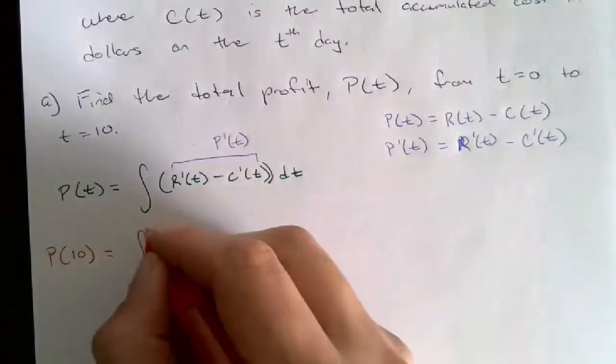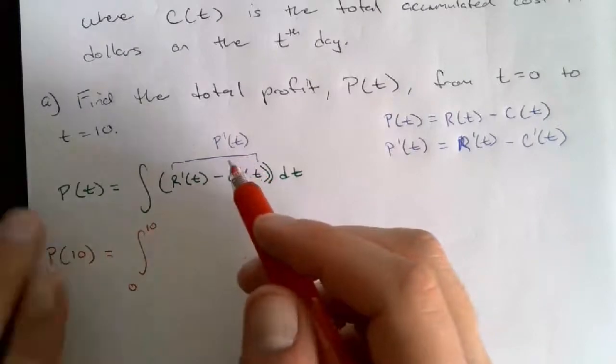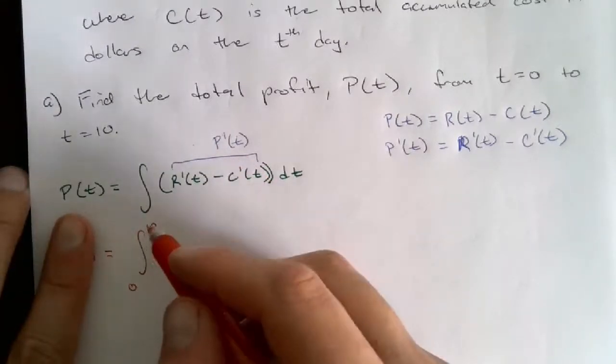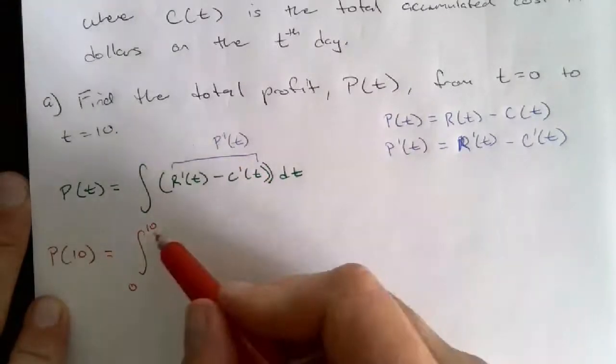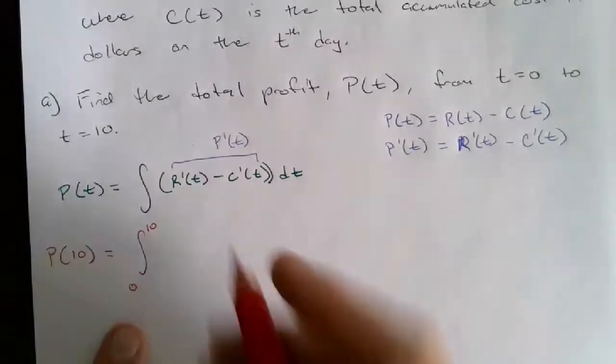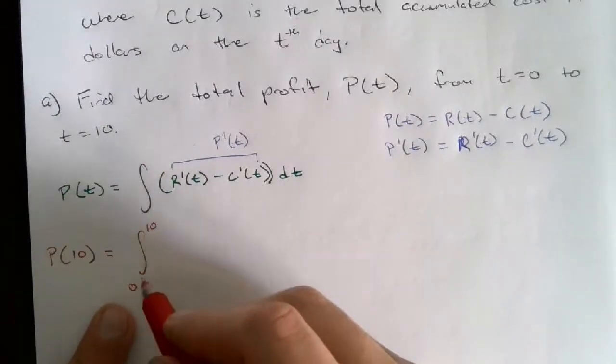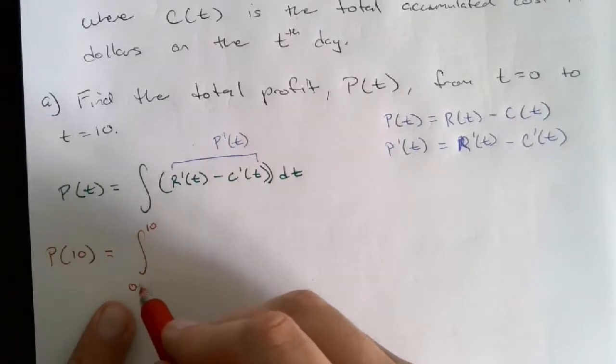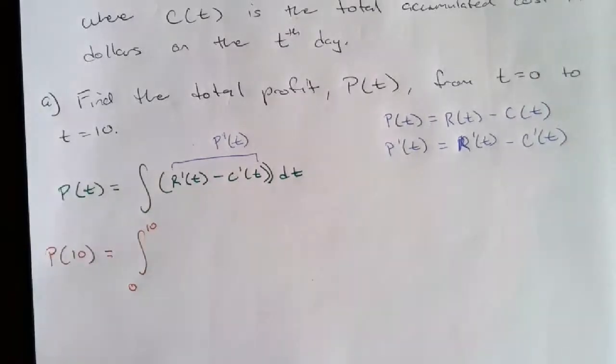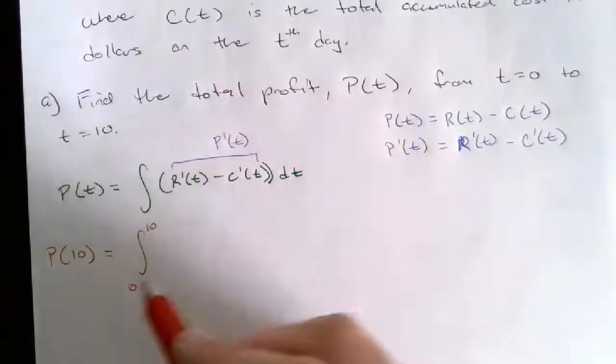That's what's really going on here. Even if I didn't write P of 10, the integral from 0 to 10 is the profit over the first 10 days. If this had a different lower limit, let's say from 5 to 10, it would be the total profit accumulated between day 5 and day 10. So they said from 0 to 10, so it's the profit over the first 10 days.